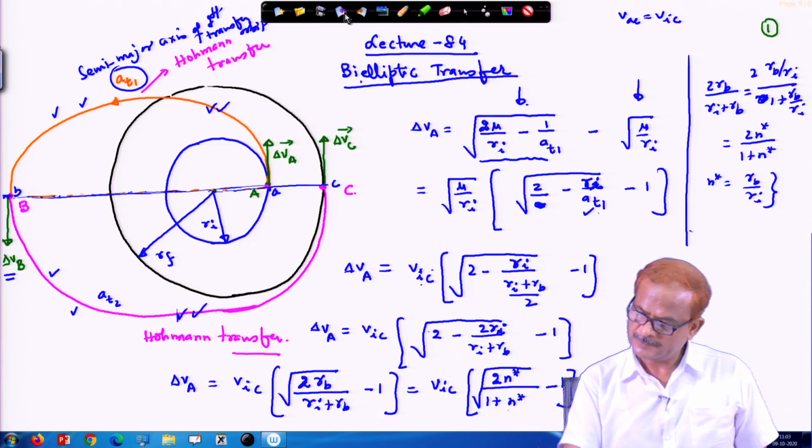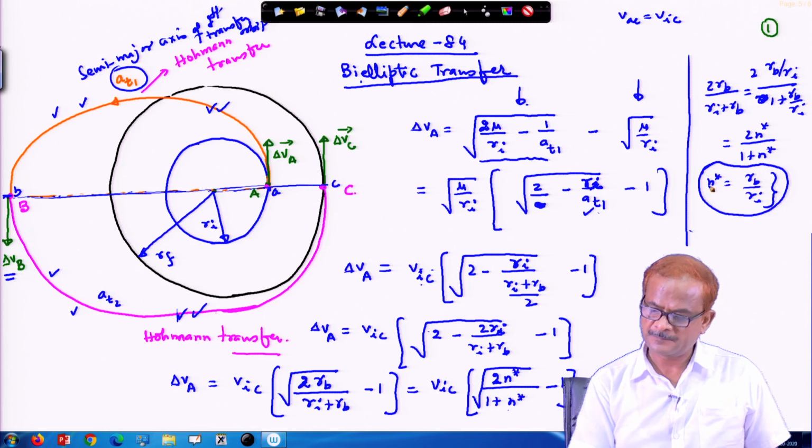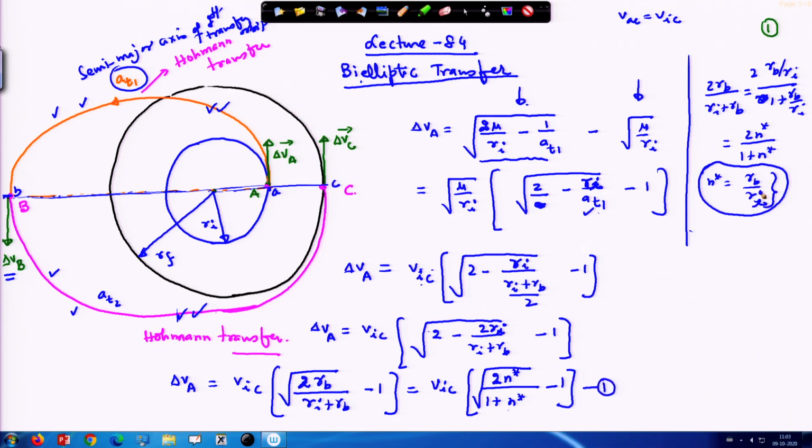N star is the quantity we have defined as r b by r I, and the quantity n we have defined as r f by r I. These are the only two distances we are concerned with. This from here to here is your r b, this distance from here to here turns out to be r f, and the distance from here to here is your r I.